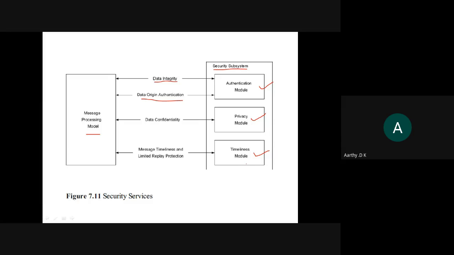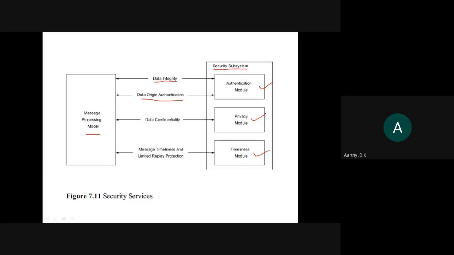The message should reach the destination within a particular time. For example, assume it should reach within 100 seconds or 200 seconds. If it is not reaching within the 200 seconds, then I can assume that some kind of modification has been done to my data.